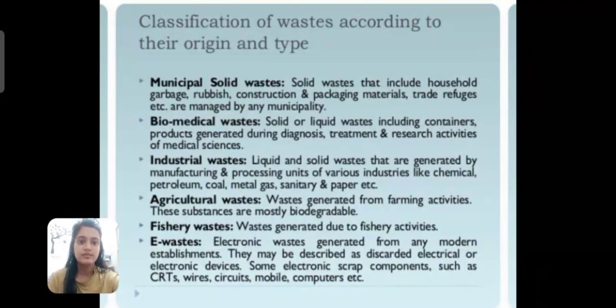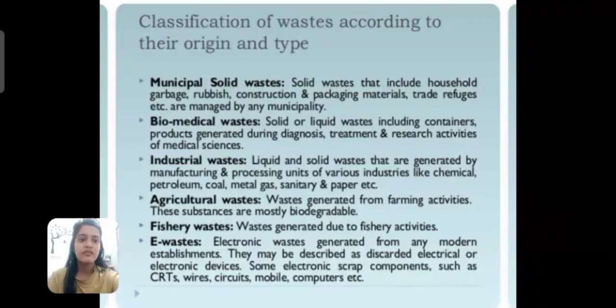Biomedical waste: solid or liquid waste including containers and products generated during diagnosis, treatment and research activity of medical science. Industrial waste: liquid and solid waste generated by manufacturing and processing units of various industries like chemical, petroleum, coal, metal, gas, sanitary and paper, etc.